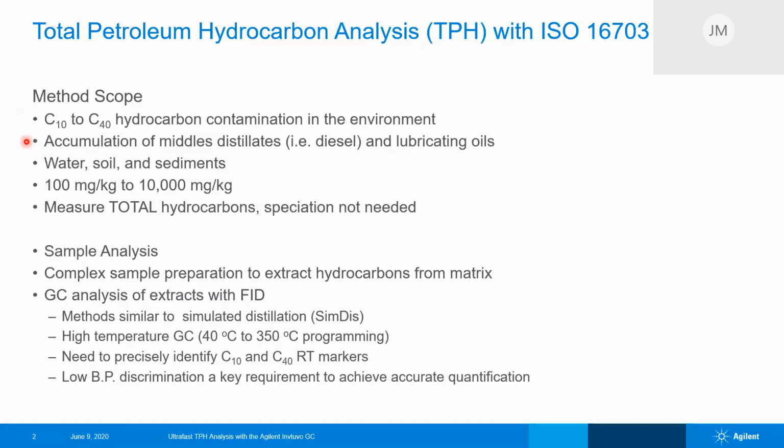Middle distillates are things like diesel fuel, jet fuel, home heating oil, and so forth. These get into the environment by spills, leakage from delivery mechanisms such as pipelines and trucks, and also from, say, spills coming from ships.